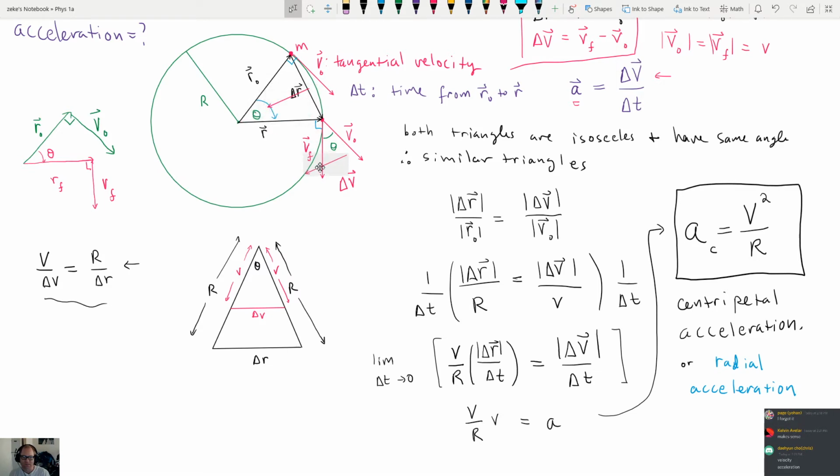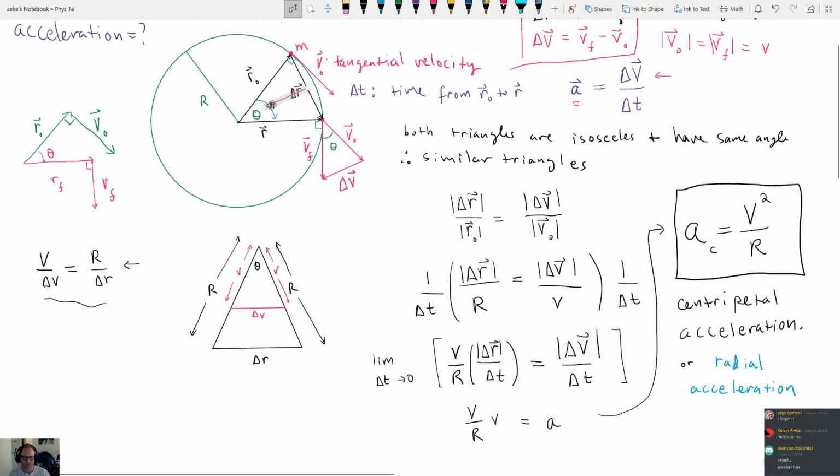And you can especially see it because if I take my delta v vector and put it exactly halfway in between these two, let me copy paste it. So here, if I put it right in the center of this little triangle we created, and this isn't going to be perfect, it pretty much points directly to the center of the circle, right?